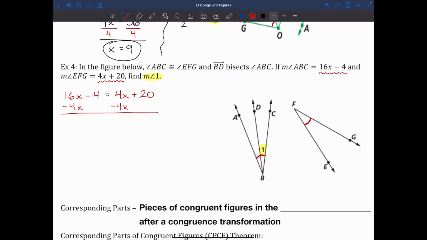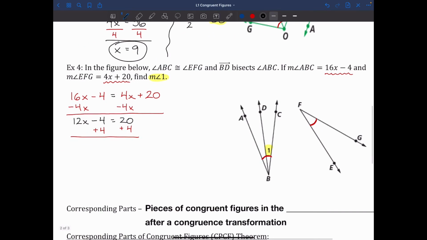It's going to land me with 12x minus 4 equals 20. I need to now move that 4 away from the other x's. So we're going to get that 12x is equal to 24. One last little bit to finish solving for x is that I have to get rid of that 12. It's going to lead me to divide both sides by 12. So x is just 2.